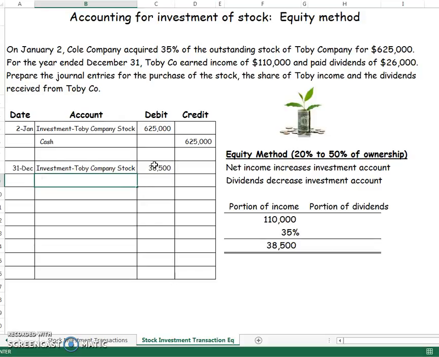All right, we're going to credit a revenue account called Income of Toby Company. Our portion of their income.